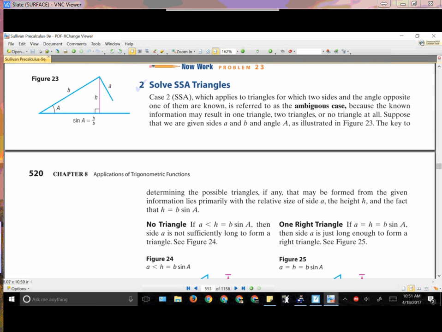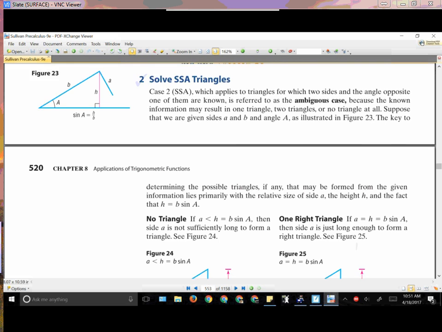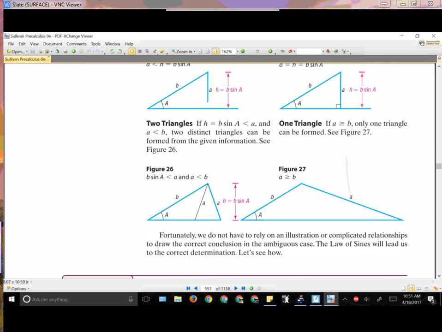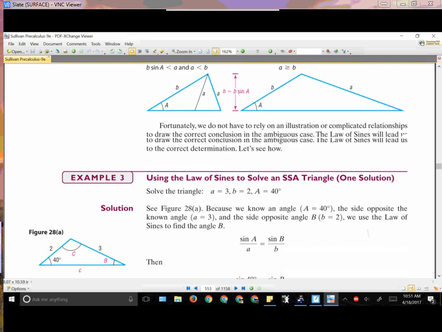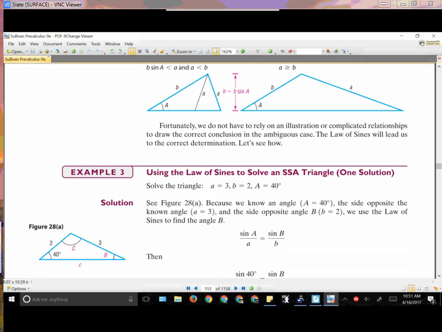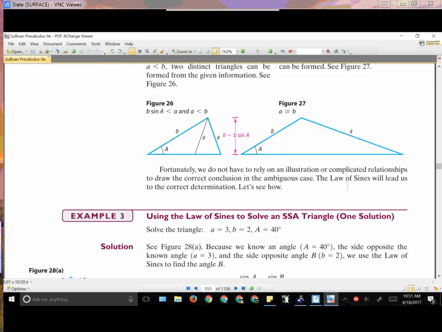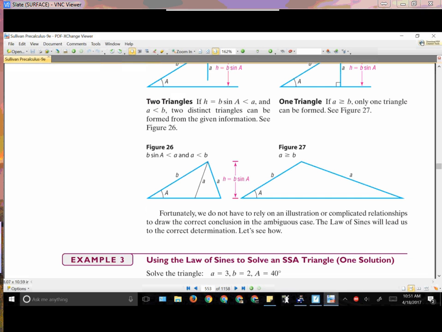So, part of the problem is that there's a possibility of two triangles.